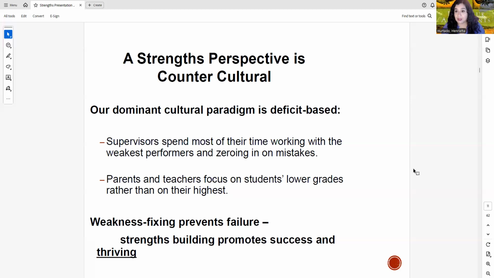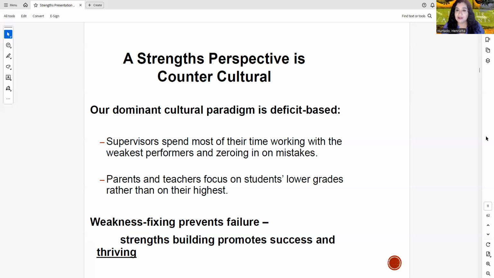And that in turn causes what's called a deficit-based mindset, low performance, low achievement, low self-esteem, feelings of stress, poor health, lack of motivation. But instead, this research you did on yourself by assessing your strengths is giving you a very positive perspective.